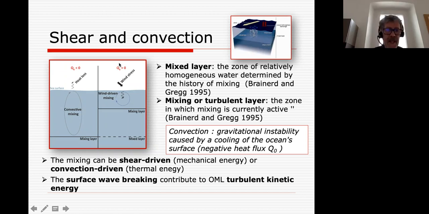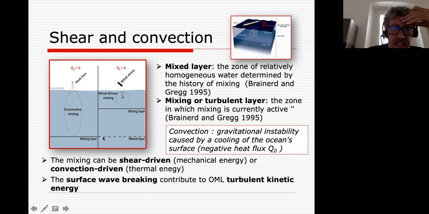So here, look at the plate on your left, and you can have this area, which represents, you see here, the mixed layer.